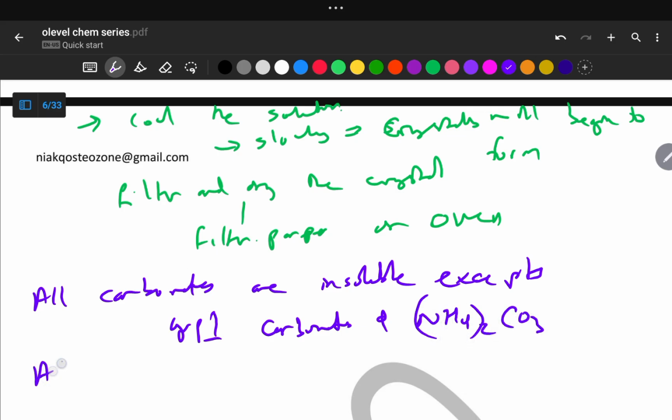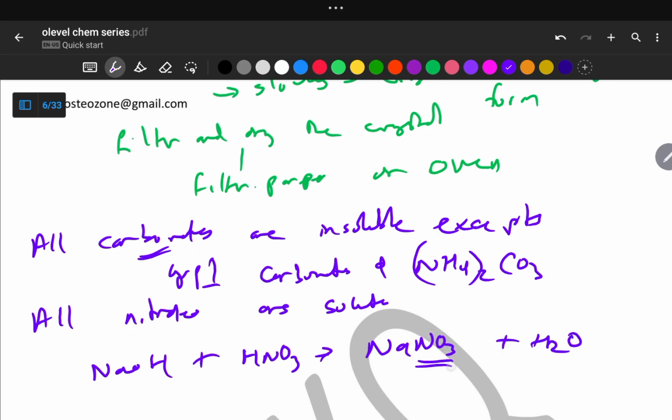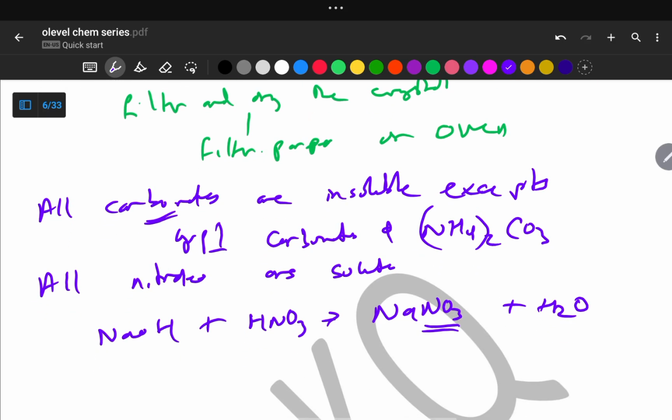And then all nitrates are soluble. Nitrate is from nitric acid, carbonate from carbonic acid, right? So let's say we're having sodium hydroxide plus nitric acid. We're simply going to obtain sodium nitrate plus water. That's why we're having this nitrate. And then the same thing for the carbonates. Are we together?